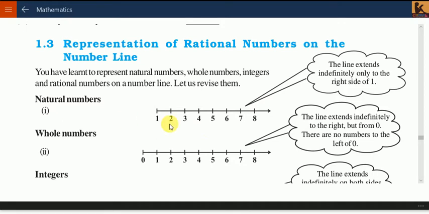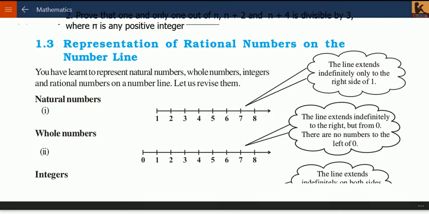Like for natural numbers, as you know, natural numbers start from 1 till infinity. You can easily show the natural numbers over here. If I ask you to denote the natural number 3 on a number line, you can easily denote it like this. This is 3.